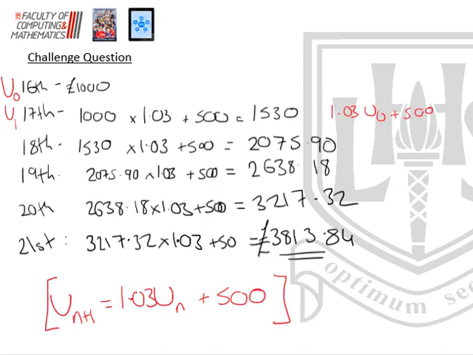Then to get U2, it'd be 1.03 times U1 plus 500, and so on and so forth. You can see this recurrence relation defining the sequence. To get the next number, you need to do 1.03 times the number you have and then add 500. So that is a recurrence relation, and this process here is actually using the recurrence relation.